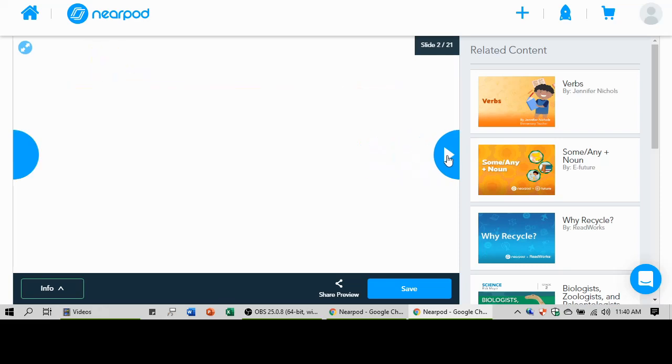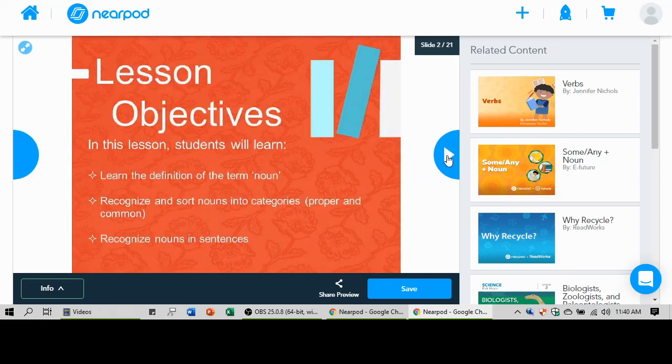Okay, let's review. Lesson objectives. In this lesson, students will learn the definition of the term noun, recognize and sort nouns into categories, proper and common nouns. Then they will be able to recognize nouns in sentences.